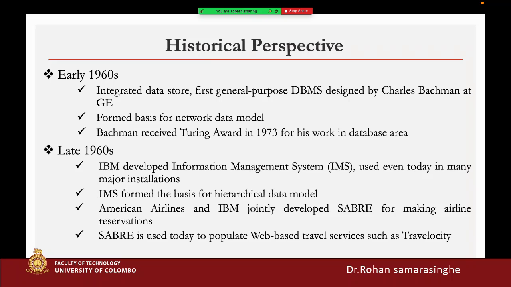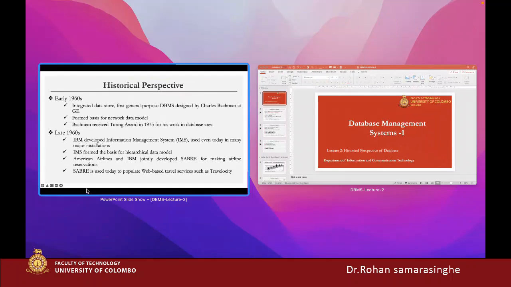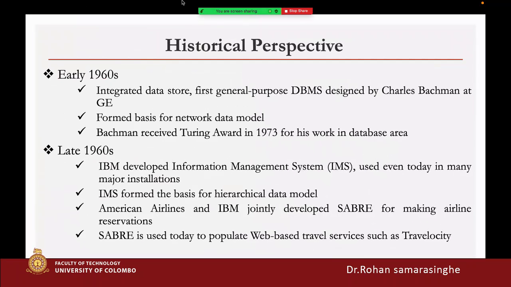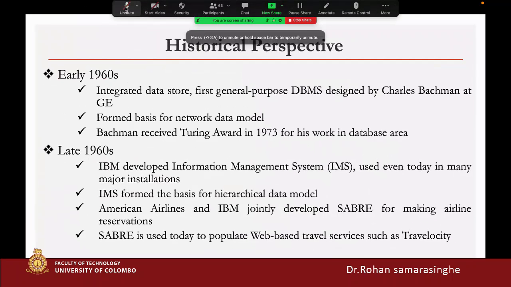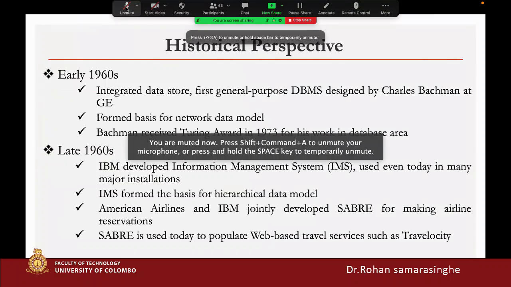In the late 60s, IBM developed the Information Management System, the IMS system. From the 60s till the 90s, IBM had its golden era.